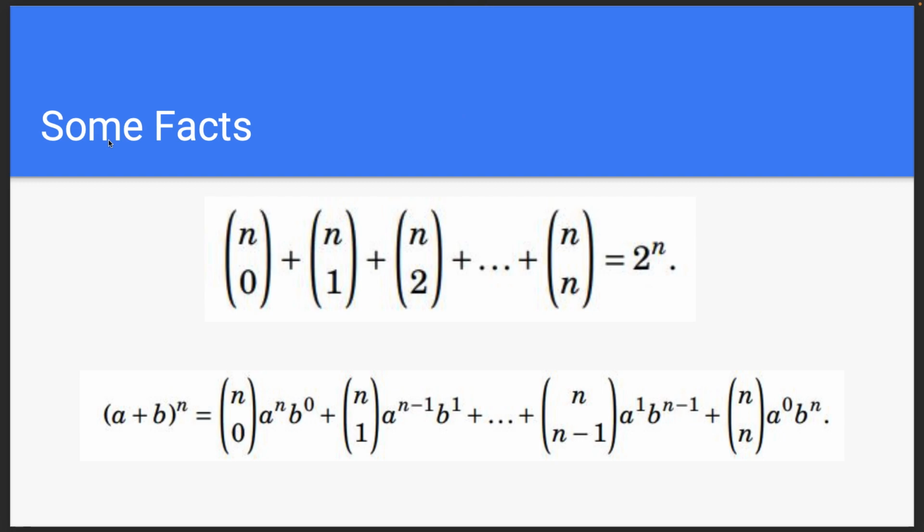Some other facts. The first thing is the sum of n choose 0 to n choose n would be 2 to the power n. Do you have any idea why this is true?